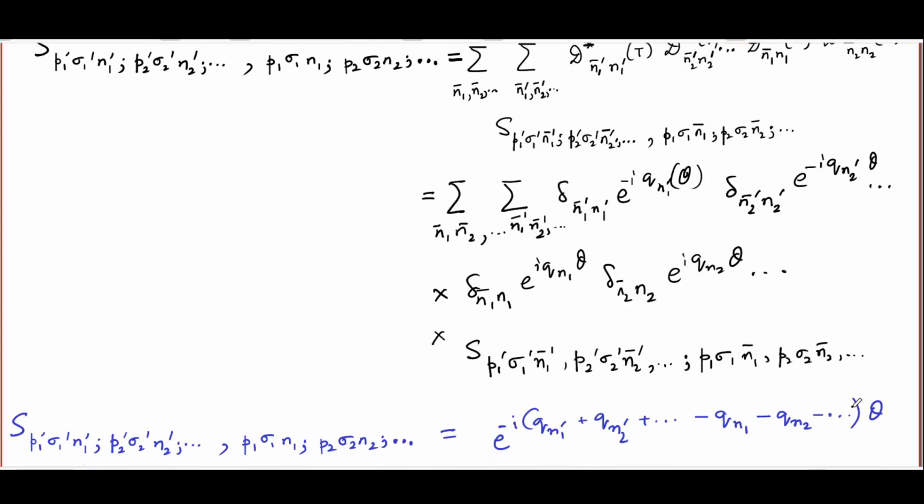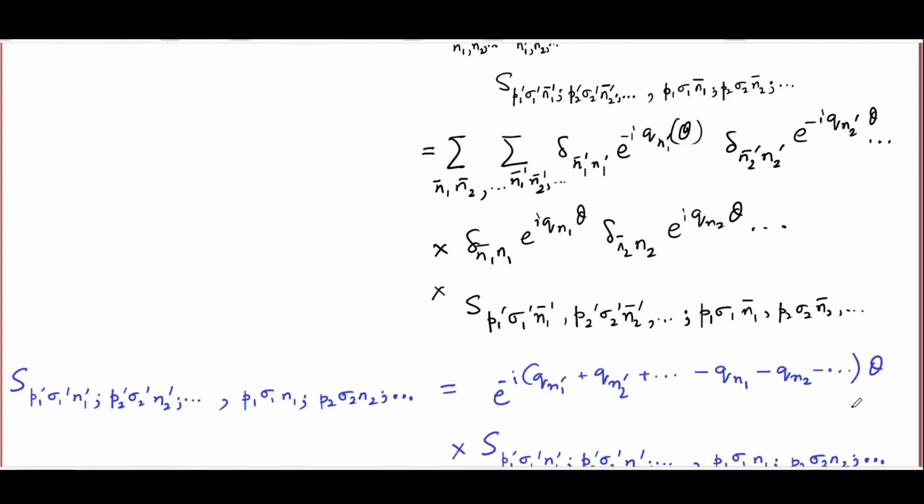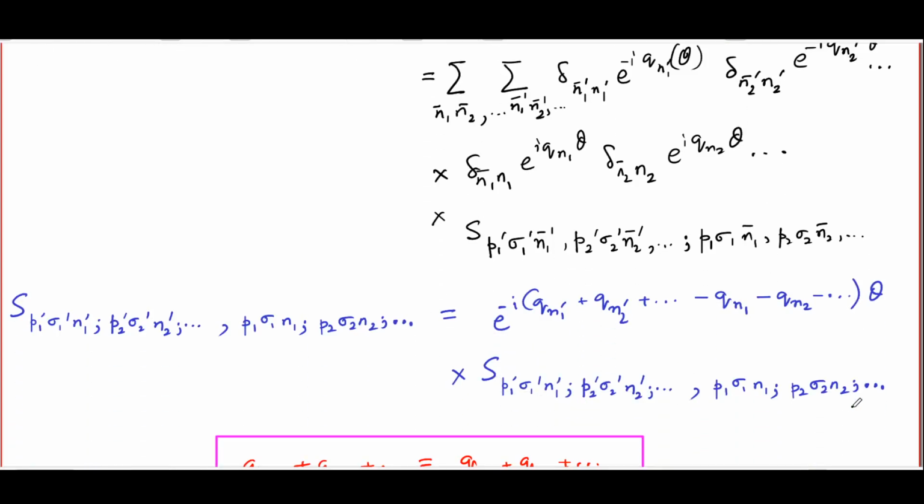So this is what you end up with ultimately. The S matrix element has to obey this condition. It's essentially the same S matrix element on the other side, because all the linear combinations have essentially degenerated to exactly one and only one value each. So n1 bar prime here has been replaced by n1 prime, n2 bar prime here has been replaced by n2 prime and so on. And this is the overall factor that we get from all these e to the minus iQ theta terms.